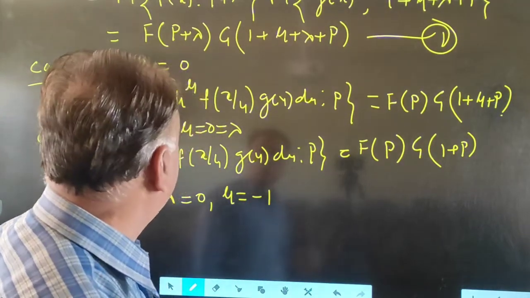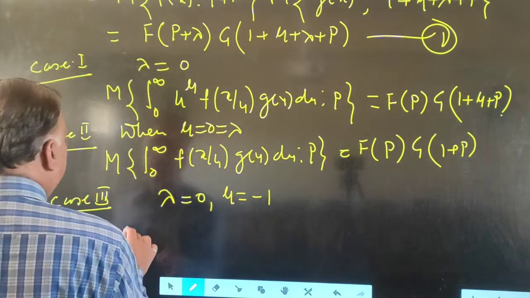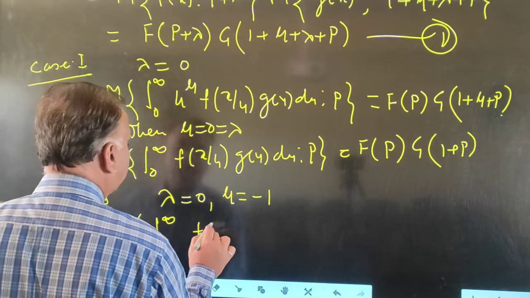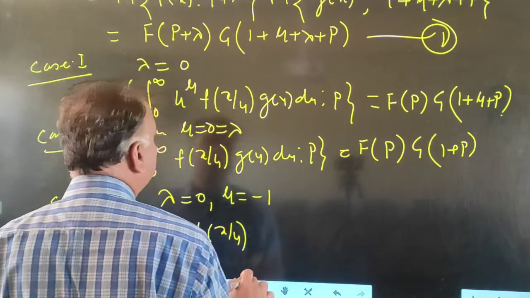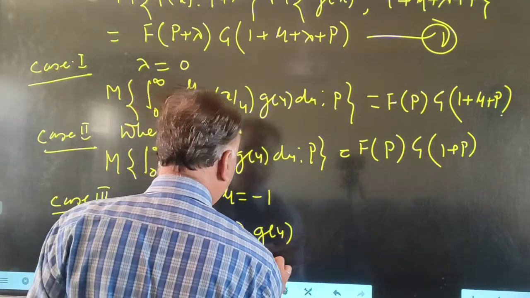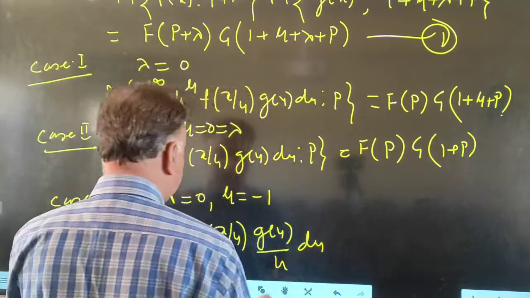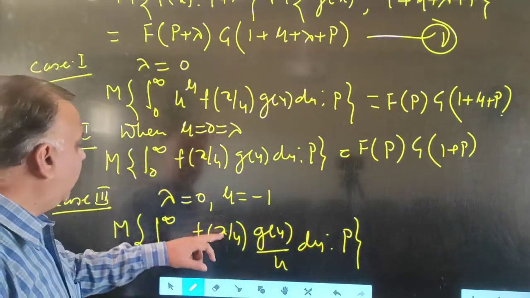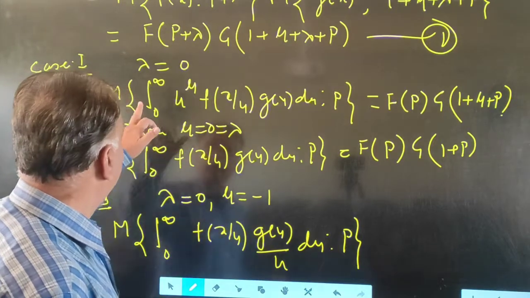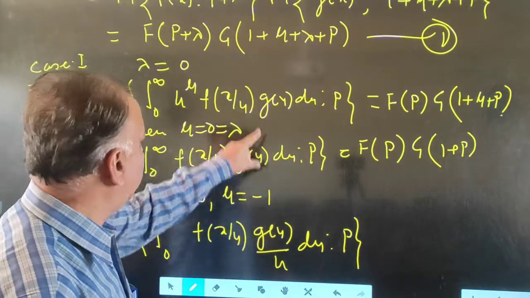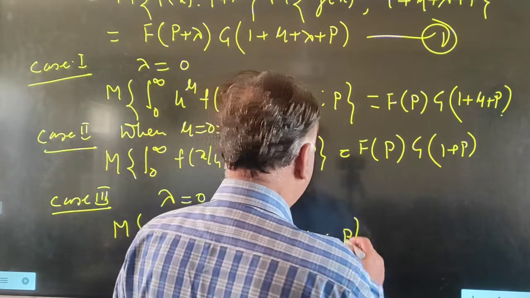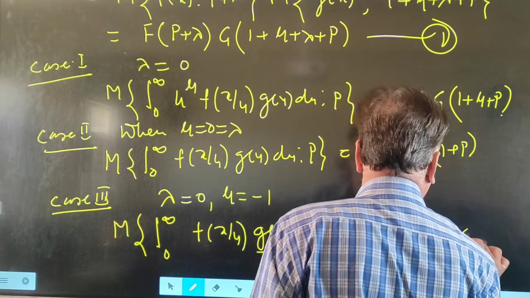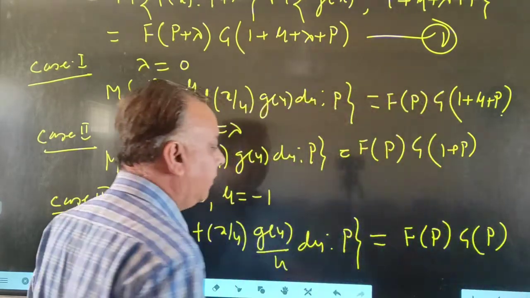When lambda is equal to 0 and mu is equal to minus 1, then we get the Mellin transform of the function integral 0 to infinity f of x upon u g of u upon u du with respect to parameter p. This is equal to F of p into G of p.